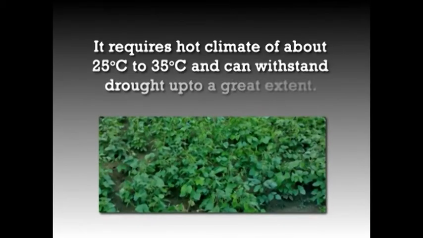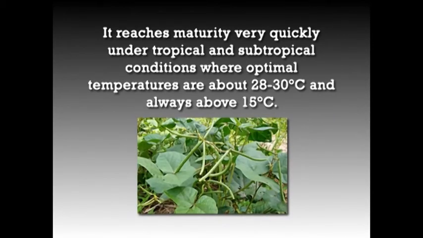It requires hot climate of about 25 degrees Celsius to 35 degrees Celsius and can withstand drought to a great extent. It reaches maturity very quickly under tropical and subtropical conditions where optimal temperature are about 28 to 30 degrees Celsius and always above 15 degrees Celsius.